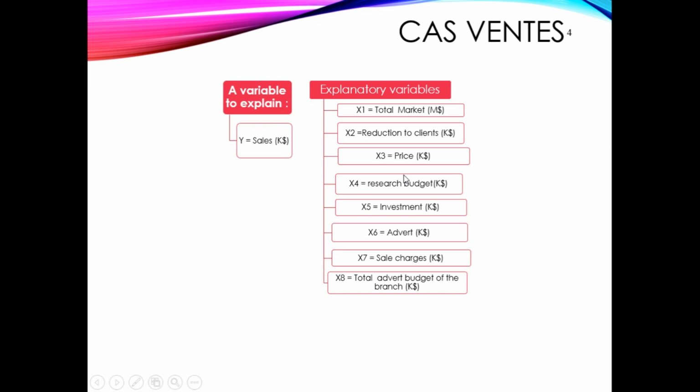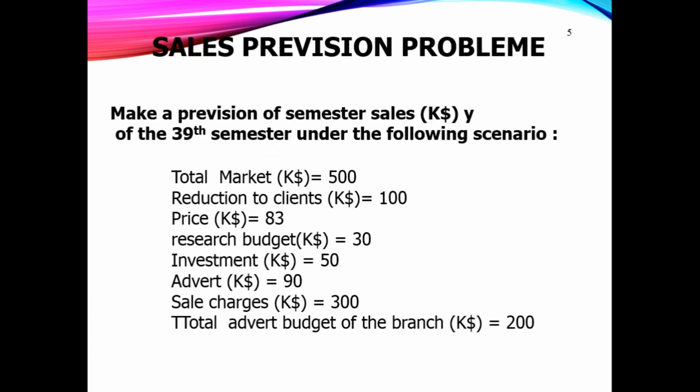So we will build a multilinear regression based on these different variables. We can use our multilinear regression, for example, to make a forecast of sales, because sales is our main variable, our variable to explain.